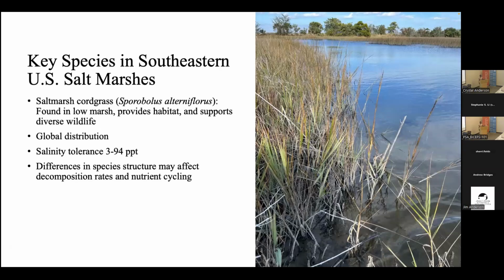And the next one is Spartina, also known as salt marsh cordgrass. These are foundational species commonly found in low marsh zones. They play a crucial role by stabilizing sediments, reducing erosion, and providing foraging and nesting habitat for a wide range of wildlife, including birds, fish, and invertebrates.